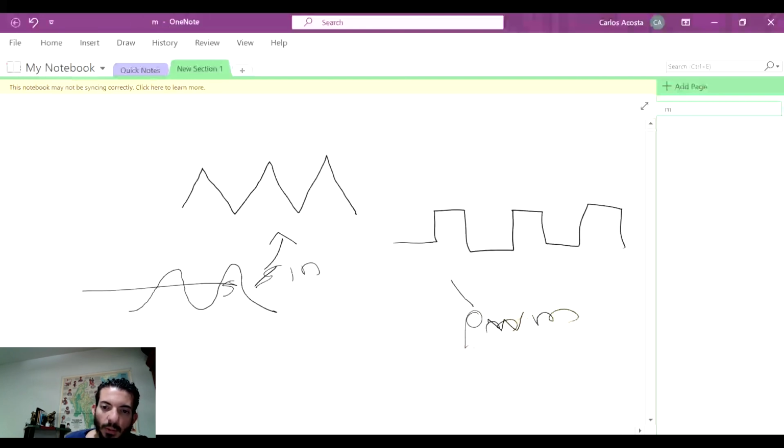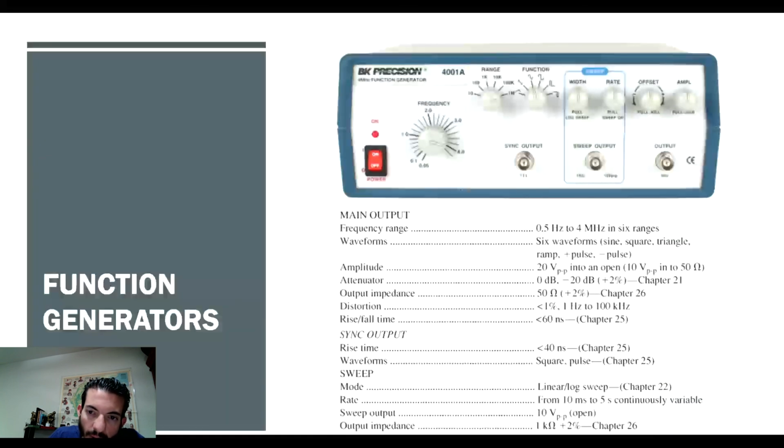PWM, pulse width modulation. This is great because if you think of zeros and ones, this is a pretty good example of how to operate with a digital controller, a digital system. And you have other waves, or combinations of waves. You have sine with different frequencies. You can have ramp, pulse, etc. The amplitude is in terms of peak to peak.